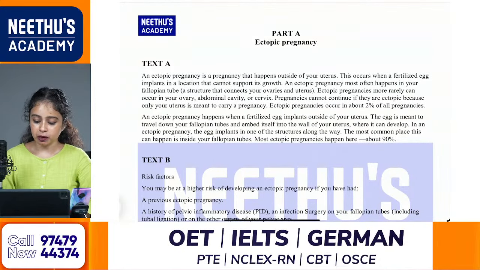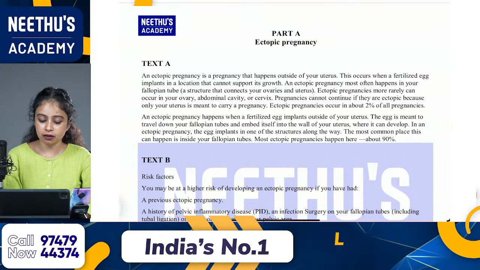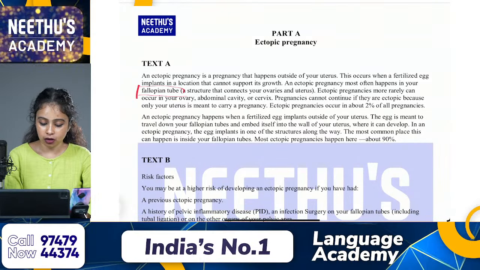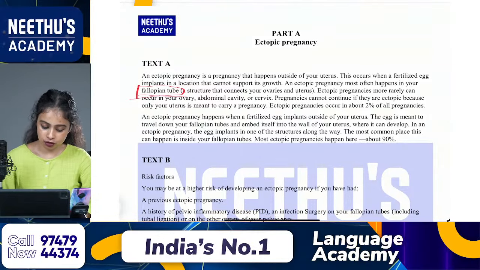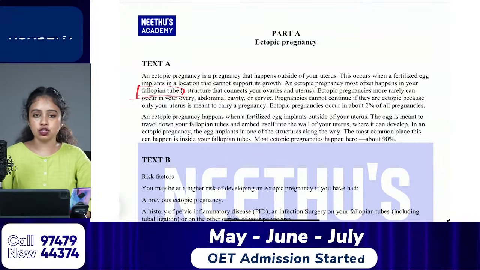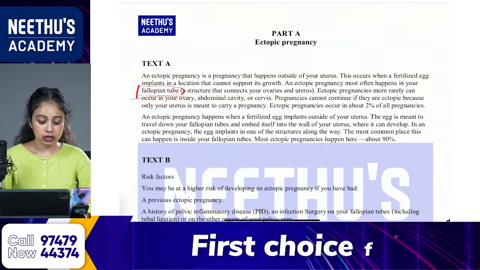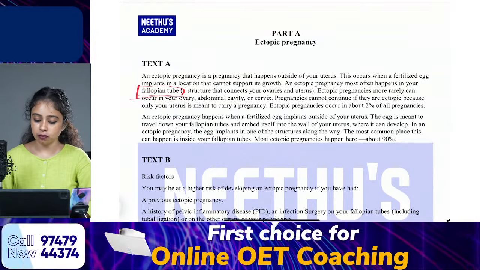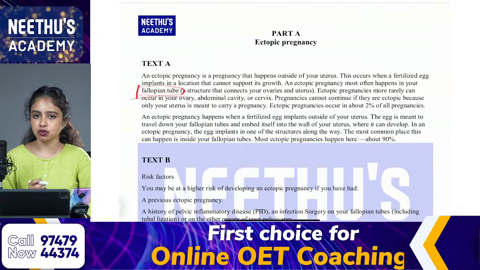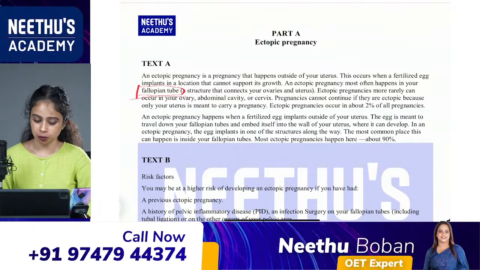An ectopic pregnancy most often happens in your fallopian tube. So the answer is fallopian tube. Okay, Juby, fallopian tube from text A. Yes. Okay, Ammu, fallopian tube. It's not tubes, dear. It is tube, which is mentioned here in text A. So you don't have to write tubes. The answer should be fallopian tube.